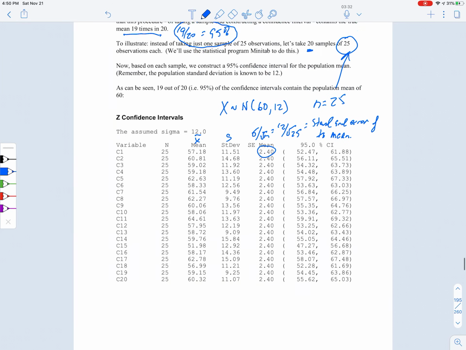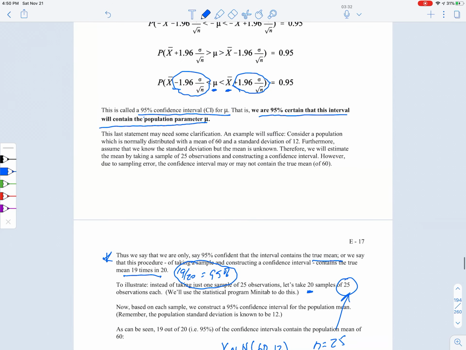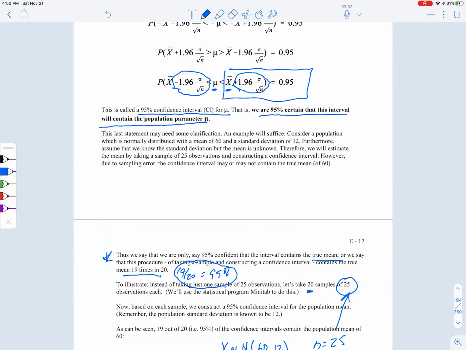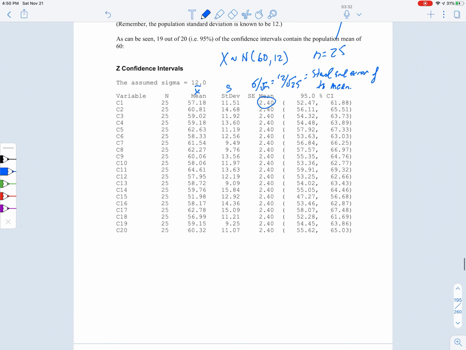Now, what we do here then is we're using this formula up here, right here. And so it would be x bar plus or minus 1.96 times sigma over the root of n. So let's take a look at this first example here.